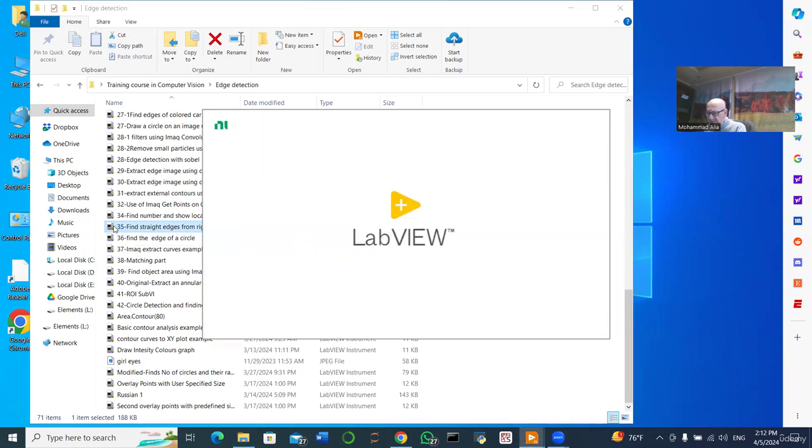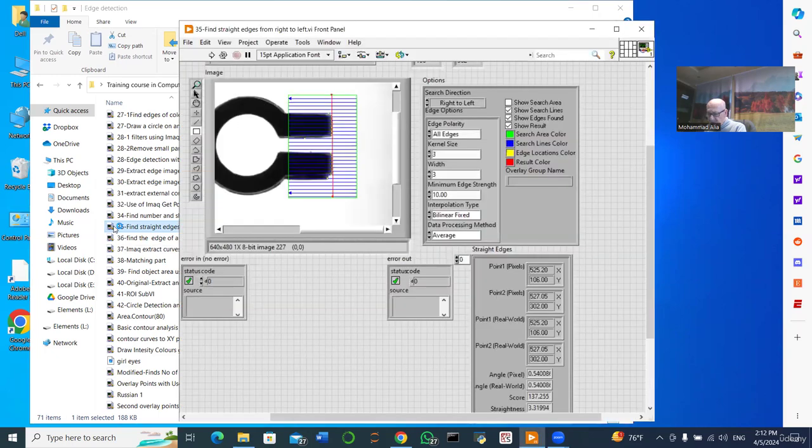And if time is sufficient, we shall work with finding the area of two complex configurations and the area between them also. So let us begin with the first one, which is finding the straight edges.